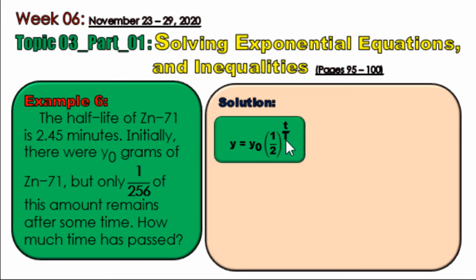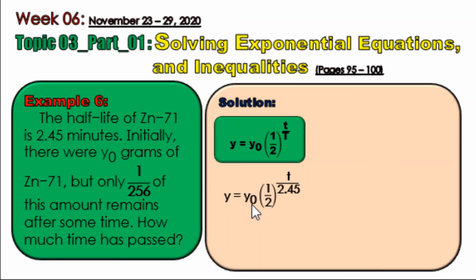The capital T is the half-life of the given substance, and T is the time that has elapsed. And since we are talking about half-life, this is 1/2. So using the formula, we'll be substituting the values.